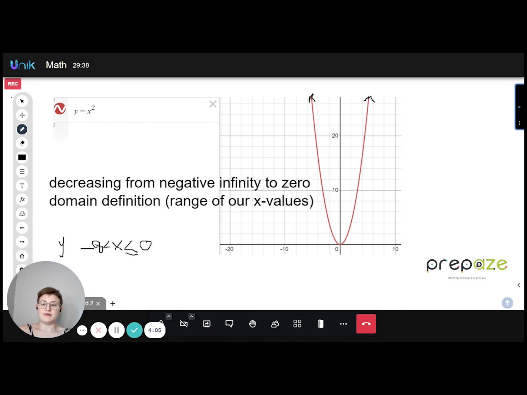Then we can do the same thing for increasing. We're increasing from 0 all the way. Our hill doesn't stop because our function continues infinitely. So y, our function, is increasing on the domain 0 to positive infinity.